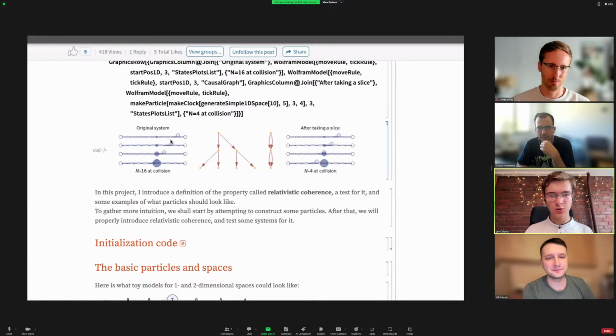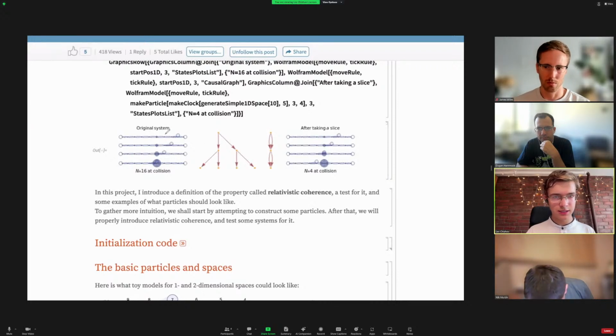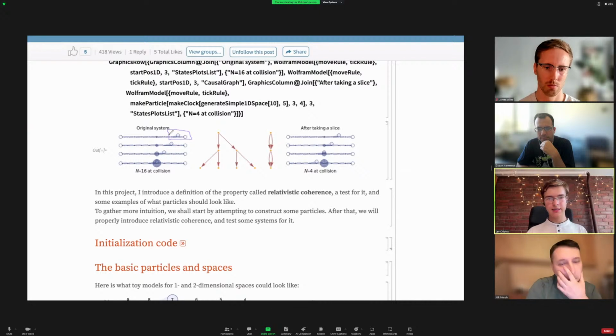And we are going to apply one more step of evolution to this. If we apply one more step of evolution, then the particle is going to move one more step while the clock just stands still, which means it is going to arrive at the clock later.